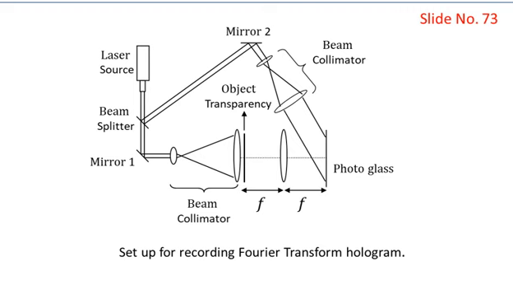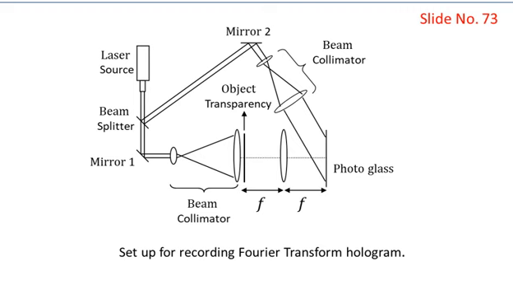This beam illuminates an object transparency placed just before the lens, and another lens is placed in such a way that the object transparency is located at the front focal plane of this lens, and this lens generates the Fourier transform of the light through the object transparency at its back focal plane where the photoglass is placed.